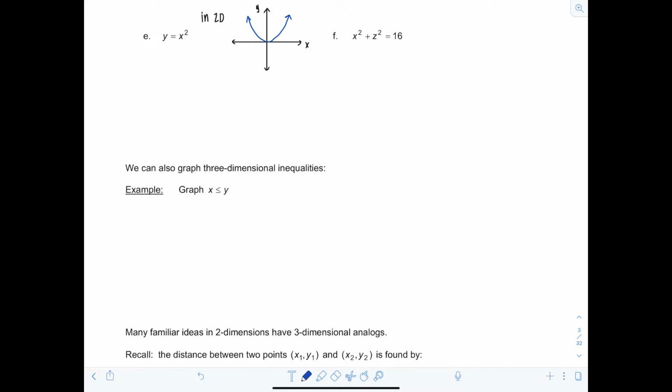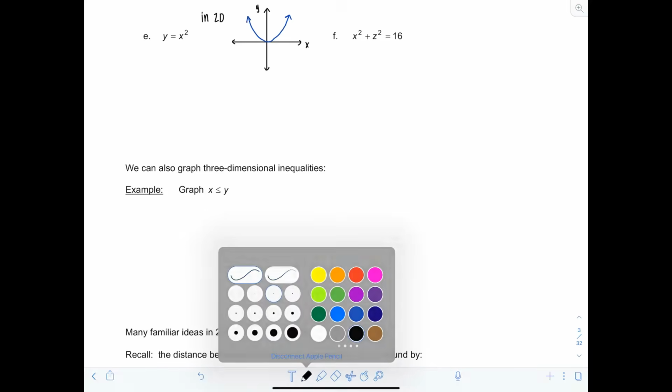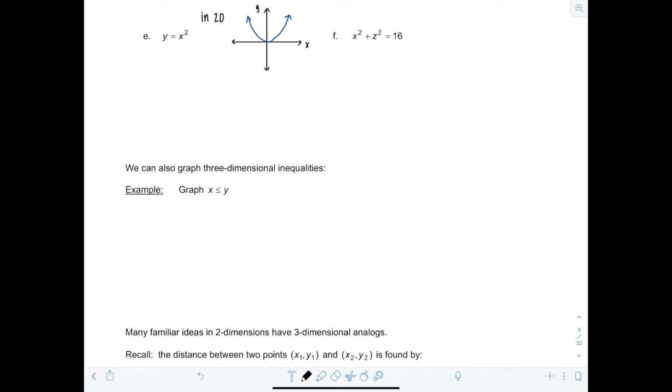Okay, so what does this equate to in 3-space? So what you're going to do is draw the same graph in the xy plane, okay? And then since z is missing, you're just going to project the graph parallel to the z-axis. I'll show you exactly what I mean. So here's the z-axis. Here's the x-axis, here's the y-axis.